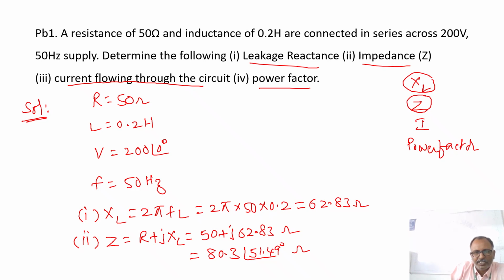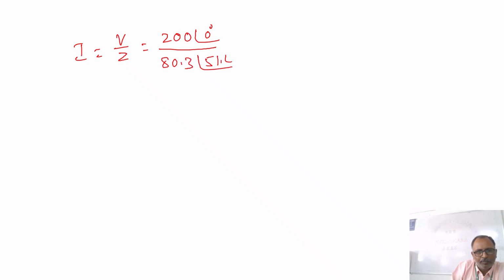The current is given by V by Z. Now let's find out the current. Voltage is 200 volts and impedance is 80.3 at an angle 51.49. So the current is given by V by Z. V is 200 volts at an angle 0 degrees by impedance 80.3 at an angle 51.49 degrees ohms.